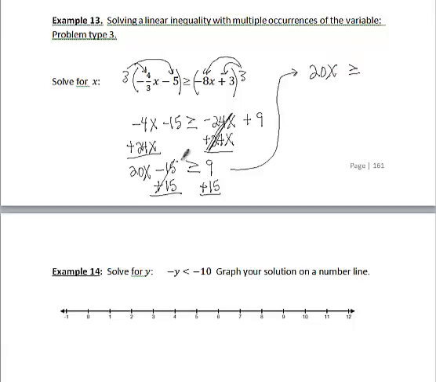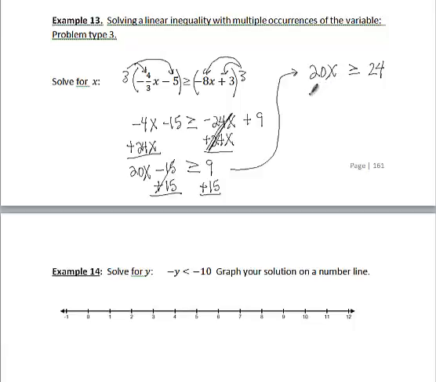Same orientation of the inequality symbol because I added. So with addition and subtraction, you never flip the inequality symbol when you're introducing addition or subtraction in regards to solving the inequality. 9 plus 15 on the right is 24.